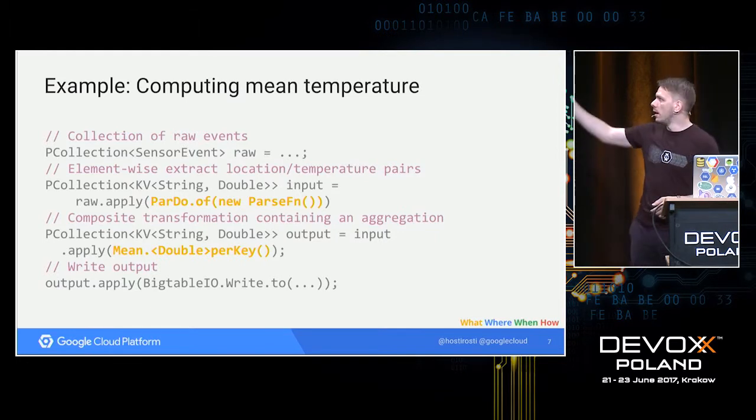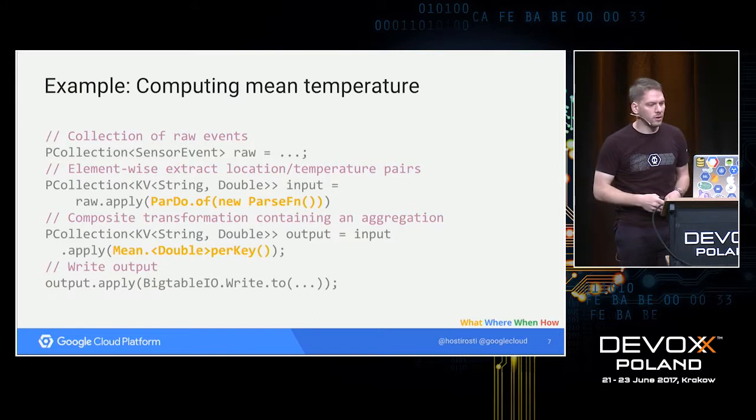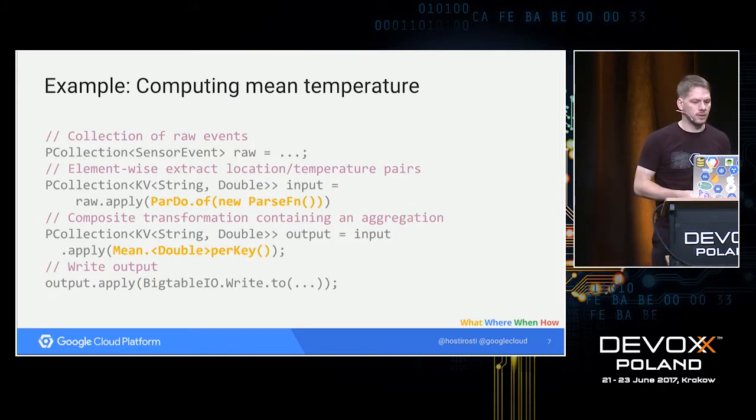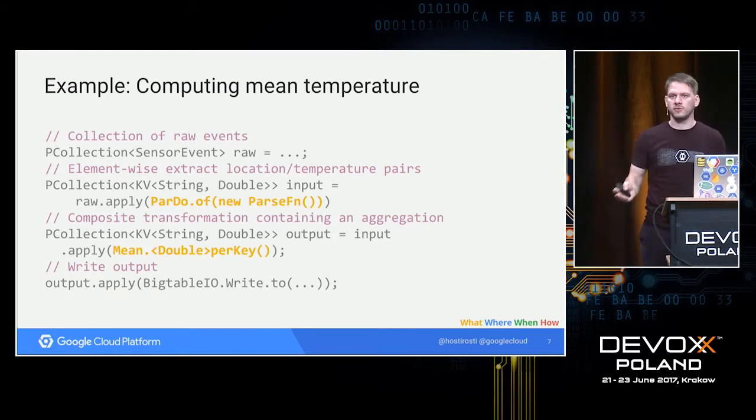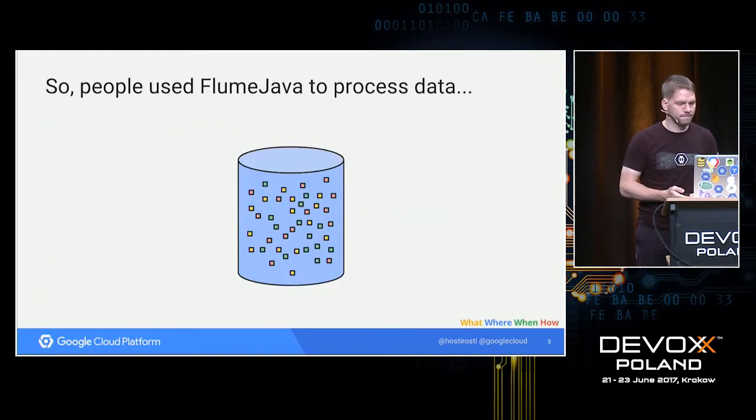It's typed to the sensor event, and then we do a parallel ParDo on that where we extract the location. Then we group it by the location and do a mean per this group key. And then we write that out to some kind of data sink. In this case, we write it out to Bigtable, for instance.